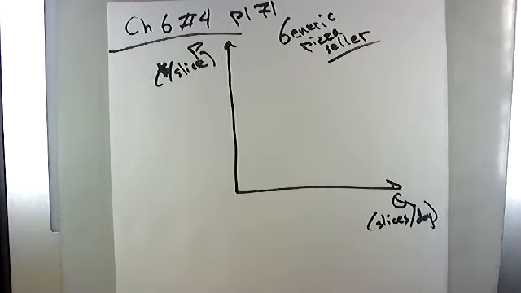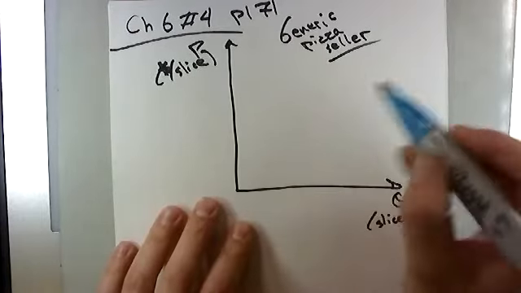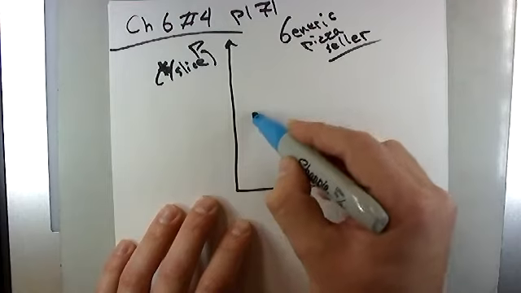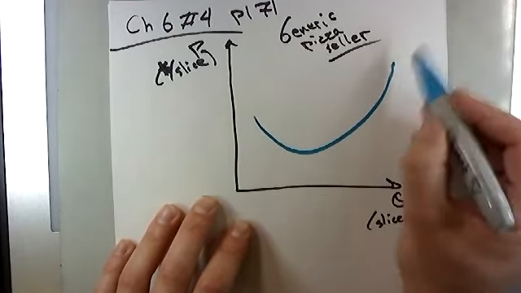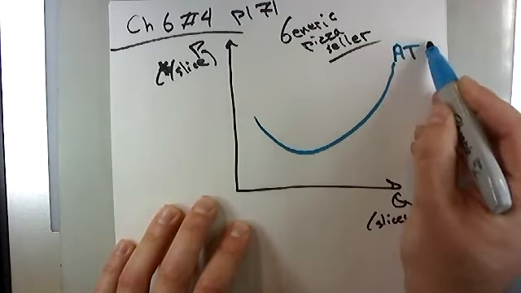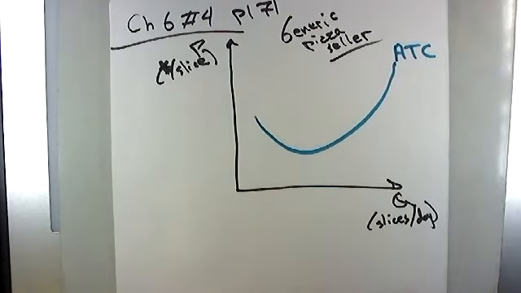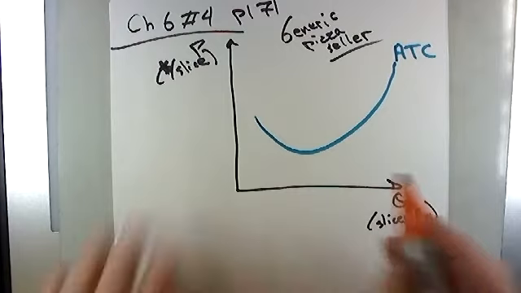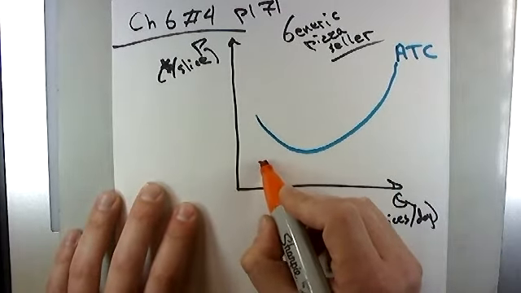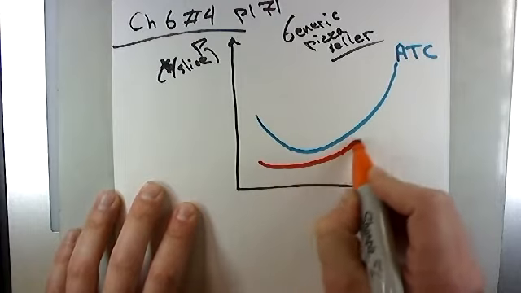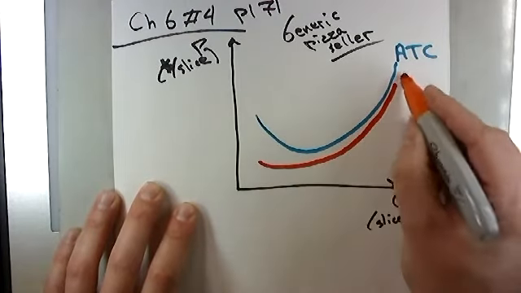So we are given some curves, right? The first curve, probably the most important curve, is our average total cost curve, which looks like a big old U. We have an average variable cost curve that starts out high, goes down, and then gets closer and closer to the average total cost curve.